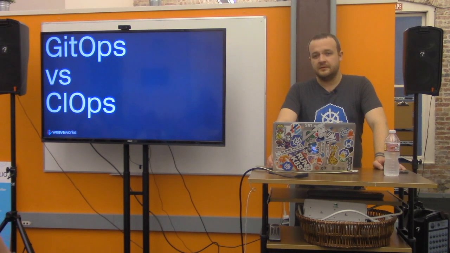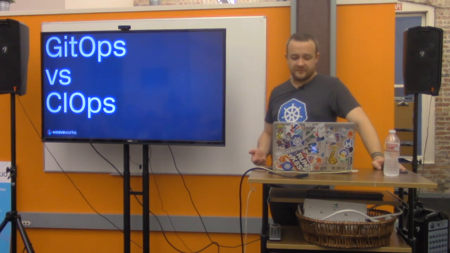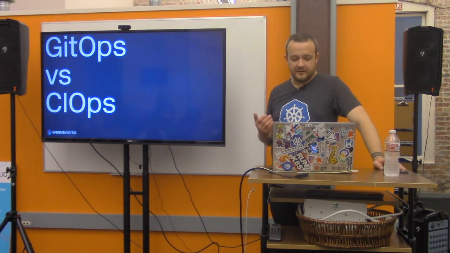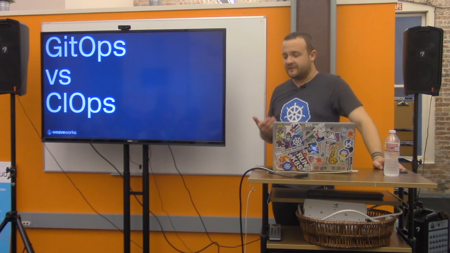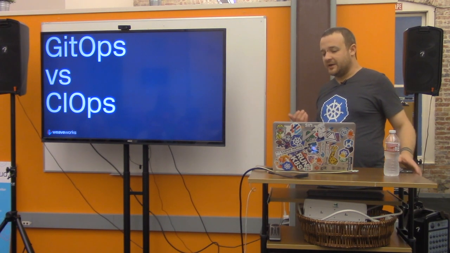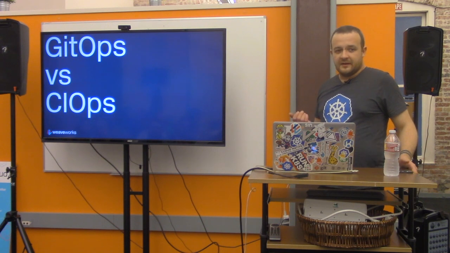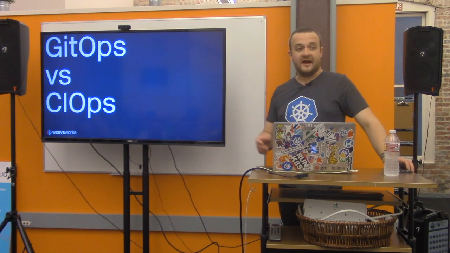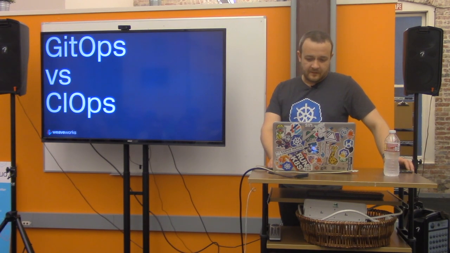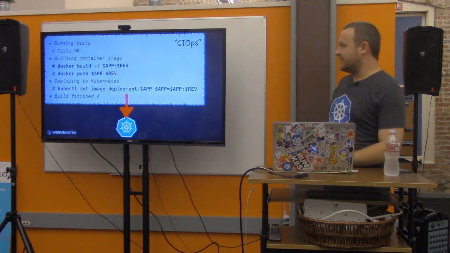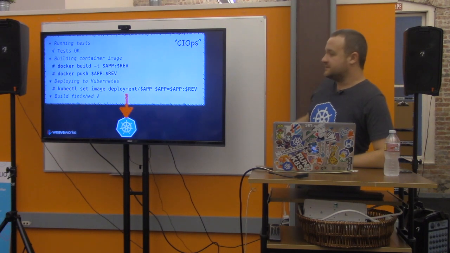So if that's not enough for some of you, I think there's a very different way of explaining why we really care about GitOps, and it would be by comparison. By comparison to something I call CIOps. So CIOps is this really naive, simple way to deploy apps to Kubernetes, right?